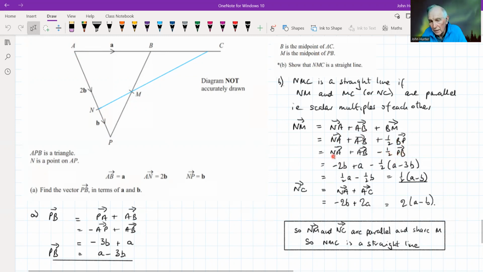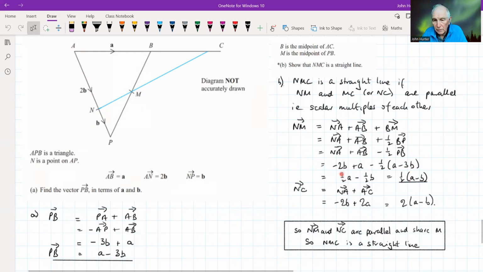So if we rewrite this in that form, right? Okay, I think we've come all the way now with our line segment notation. NA is minus 2B, plus AB, which is A, minus a half of this thing we've already calculated in part A, A minus 3B.